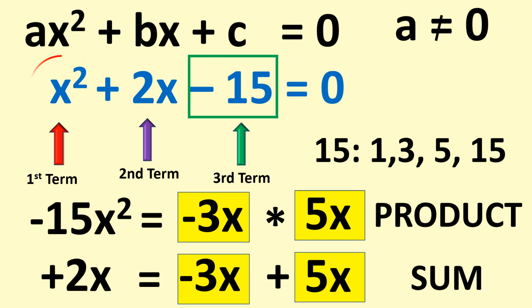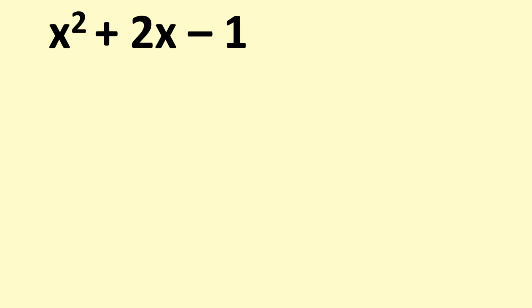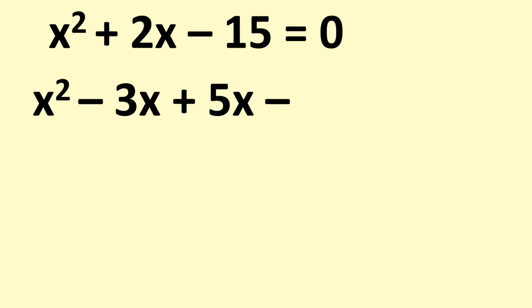So what we will do is substitute in x squared plus 2x minus 15 equals 0. We will substitute the middle term 2x with minus 3x plus 5x, and let's see how that works in this particular scenario.